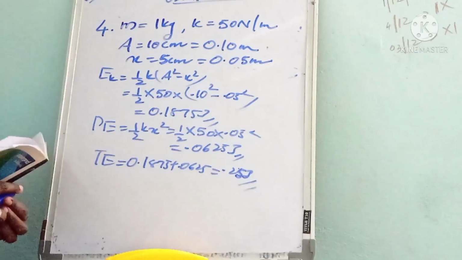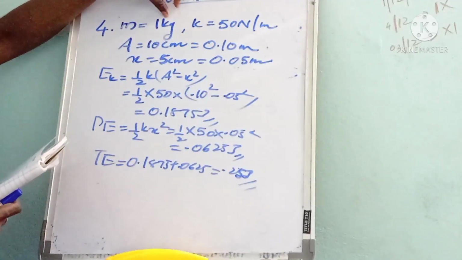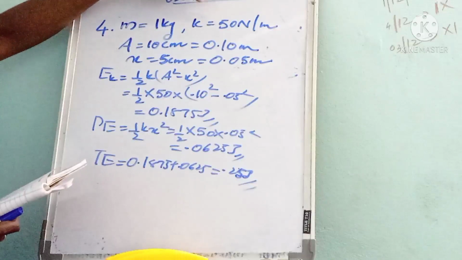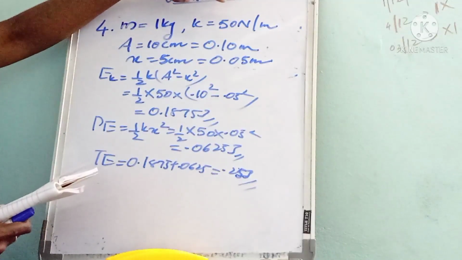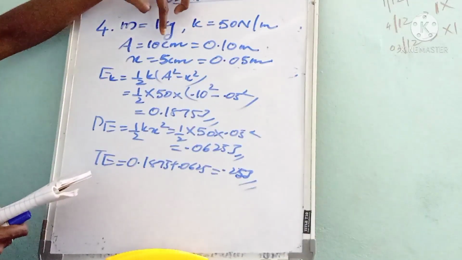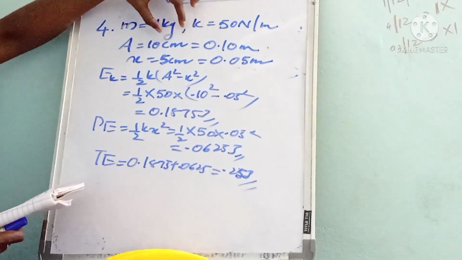Here the mass of the block is given as 1 kg, which is fastened to a spring. The spring has a spring constant k equal to 50 Newton per meter, and the block is pulled to a distance of x equal to 10 centimeter. That is the amplitude, the maximum displacement.